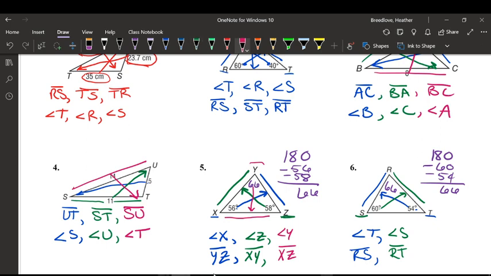The largest angle is the angle with 66 degrees, that's angle R. And angle R is across from side ST. So that is it for 5-3, inequalities in one triangle. You can tell which one's larger based on the angle size or the side length.